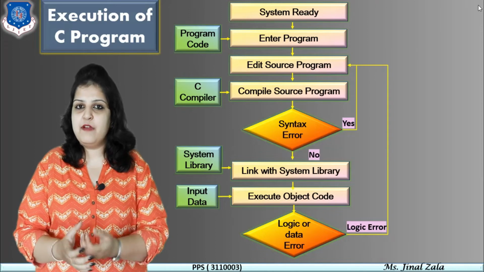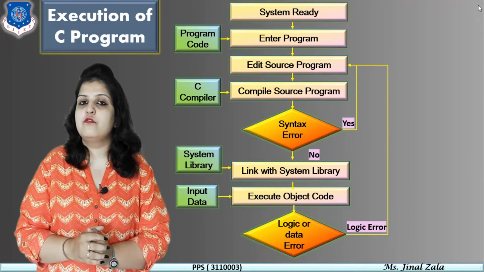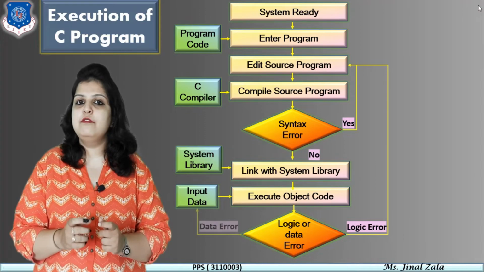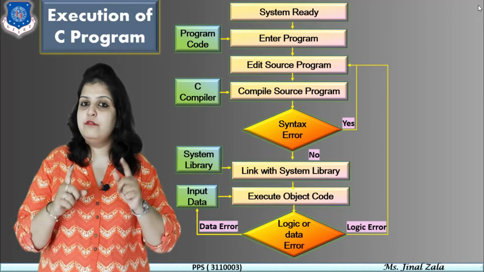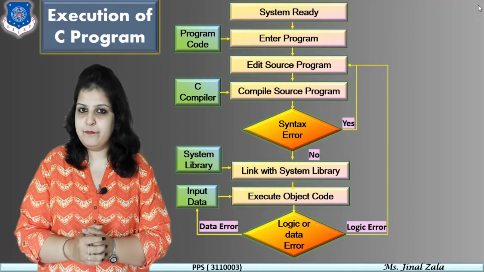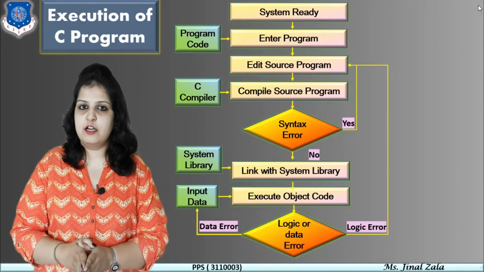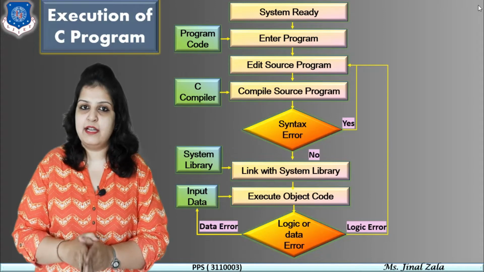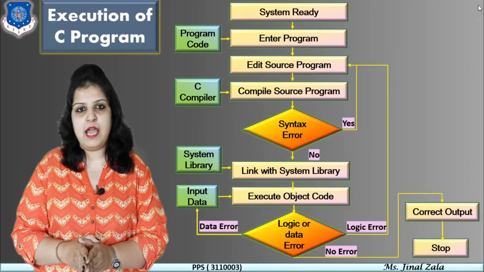So when a data error occurs, what do you have to do? You don't need to edit the source code, but you have to run the program again and enter the correct data. If these two types of error do not occur, then you will get the correct output. In this way our C program is executed.